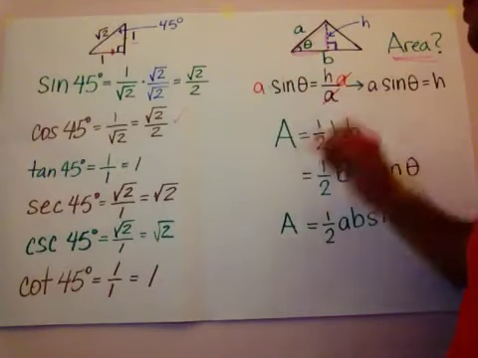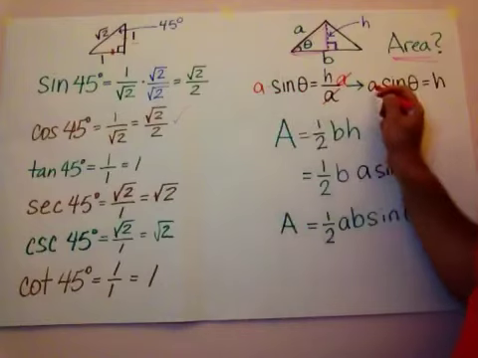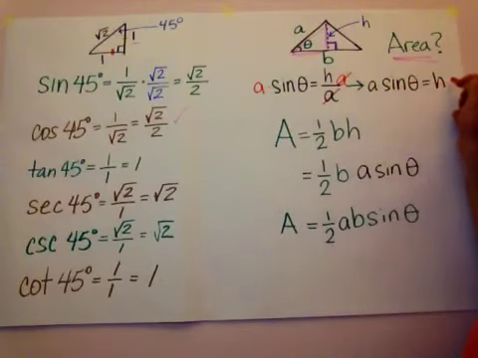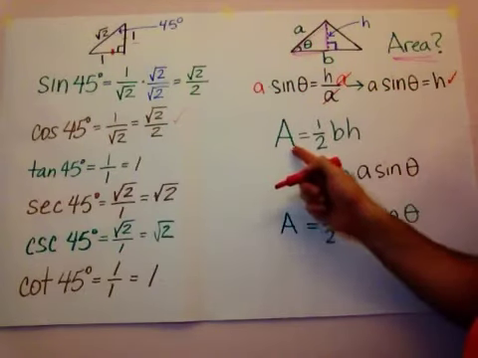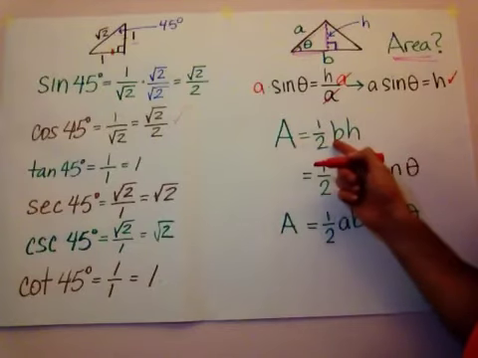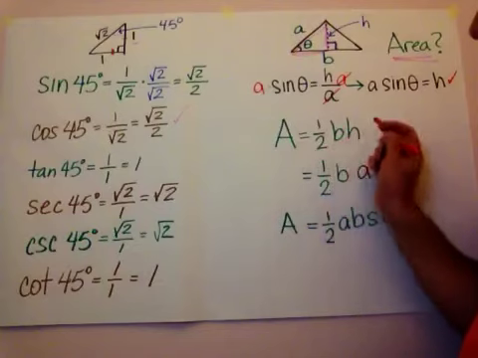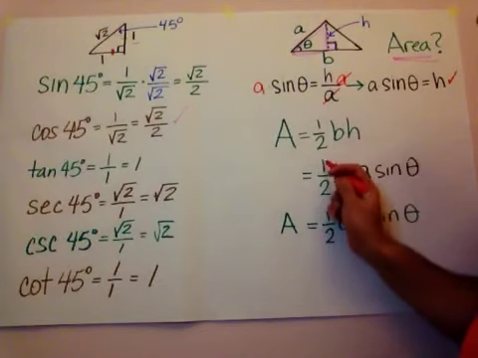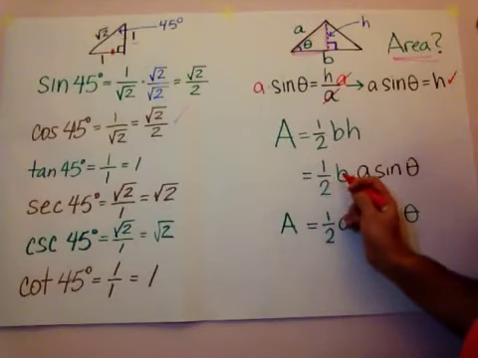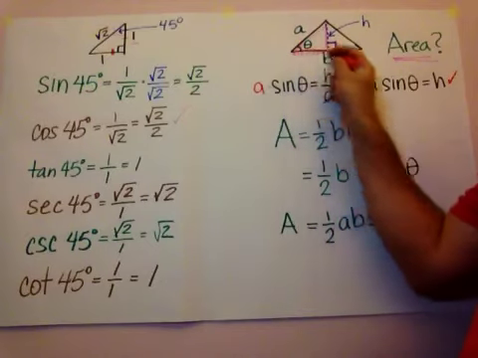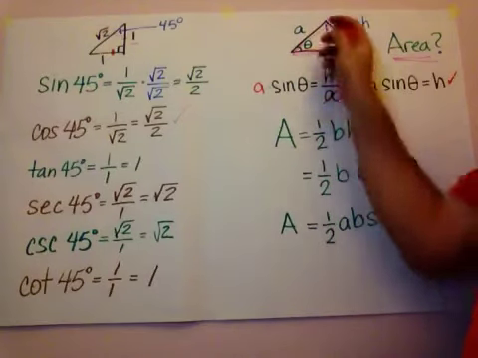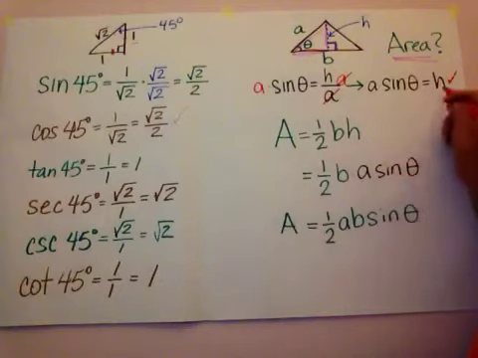This cancels. And here I have that A times sine of theta is the height. Now, that will help me in my area formula, 1/2 base times height, because now I can get rid of the height.